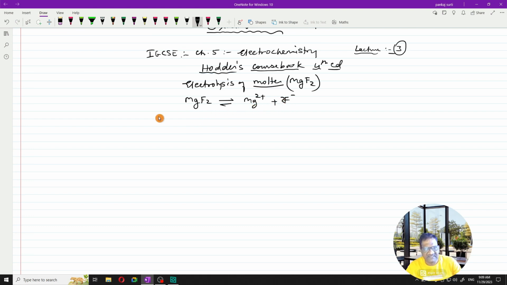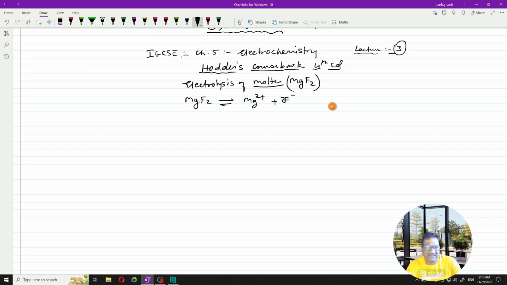Then, of course, the electrodes used will be either graphite or any other inert electrode. Electrodes are of two types, inert and active. Right now we are talking only about inert electrodes; I'll come to active electrodes later.